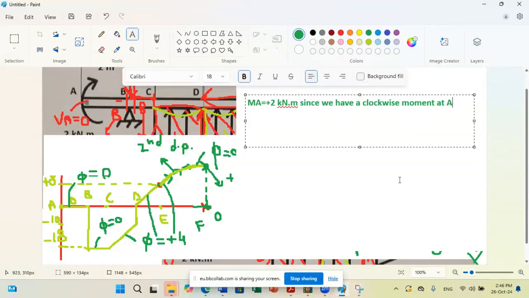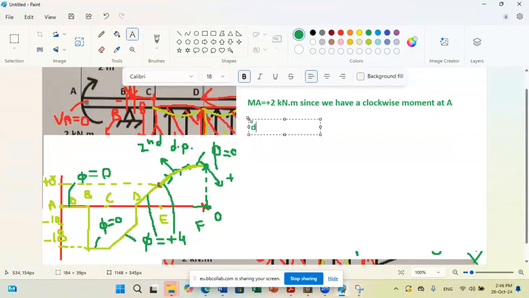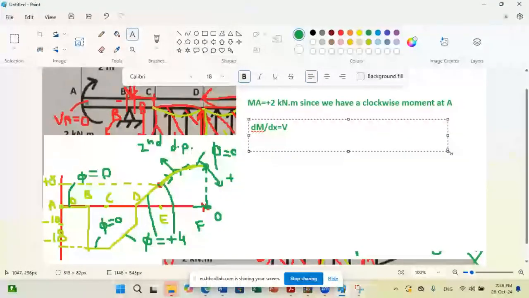Second step, I look at my shear diagram here. Between A and B, what is V? V is equal to 0. If V is 0, then M is constant, because we know that the derivative of M with respect to x is equal to the shear.